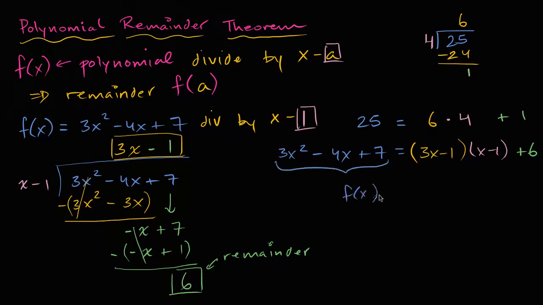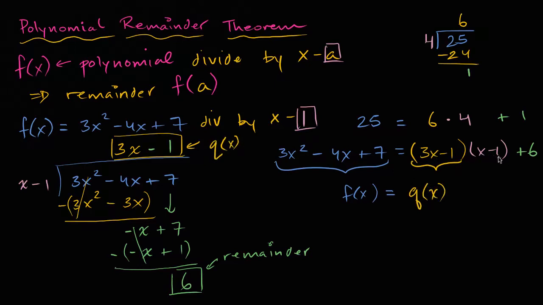So f of x is going to be equal to whatever the quotient is, and let me call that q of x. This right over here is q of x. So f of x is going to be equal to the quotient q of x times x minus a.